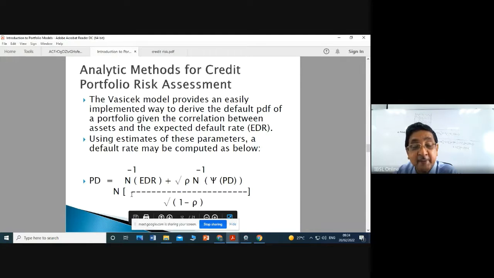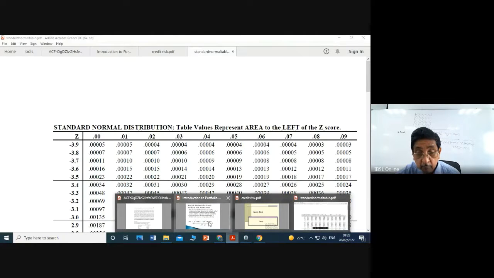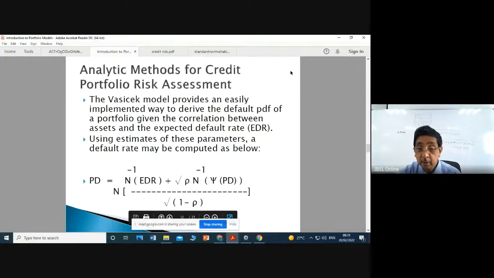For that result, you have to get the normal curve table readings. Right. Now I will show the application of figures here.